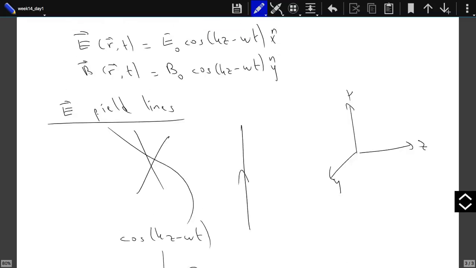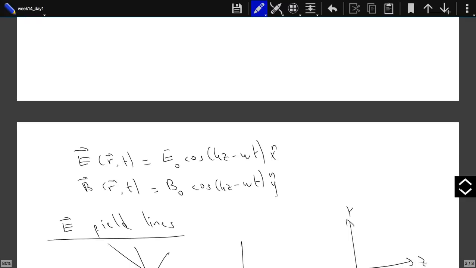I'm just looking at a region of space. Let's say this classroom. I'm trying to find if it is possible to have electric and magnetic fields that are described by these functions inside this classroom. Now, I don't know what these electric field lines do outside of the classroom.